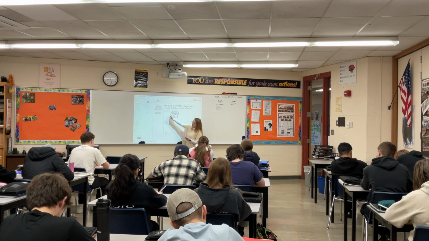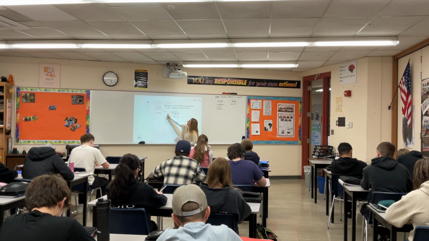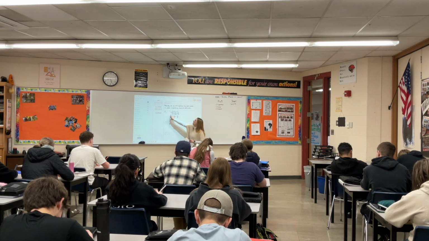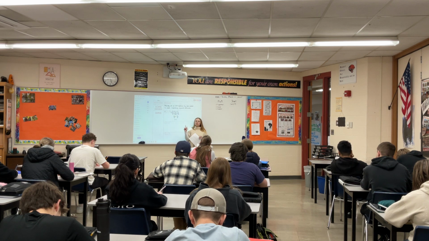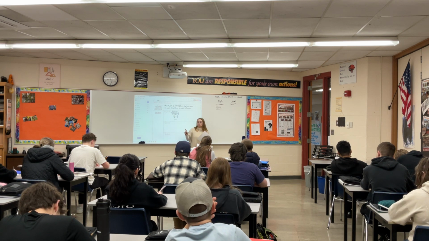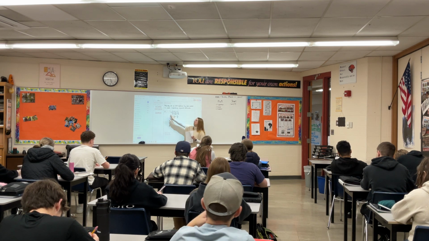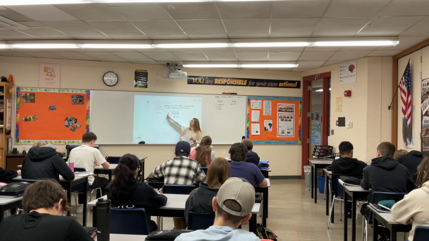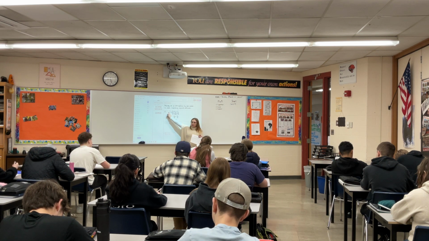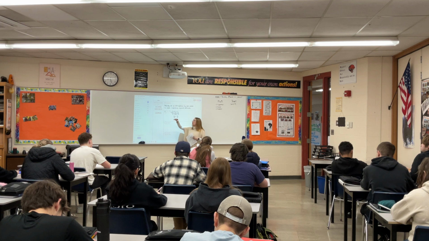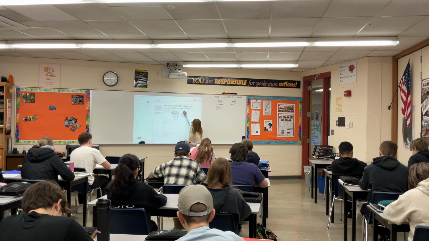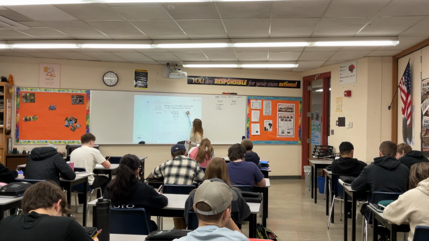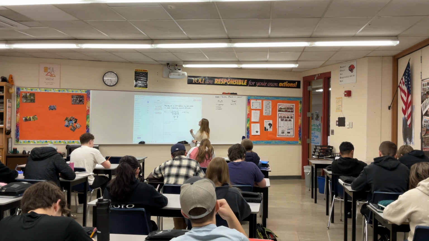Now that I have my y, I can plug it back into one of my equations up here. But I'm going to plug it back into my original equation, not the one that I multiplied. I'm still going to use the top one, but I'm just going to use it as it was. So I have x plus 3 times 1 equals 6.